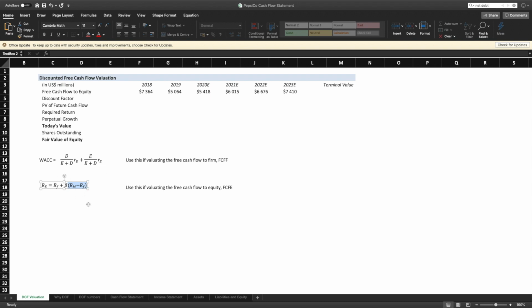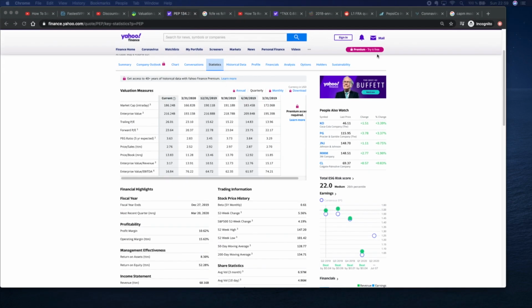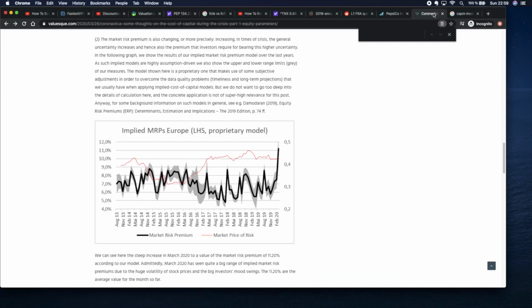And this right here is the market risk premium. I've done some research, and after having read a lot of what different analysts have to say, the fact is, perhaps not too surprisingly, it's quite obvious if you think about it, that the market risk premium goes up in times of volatility on the market, in times of huge risk on the market.